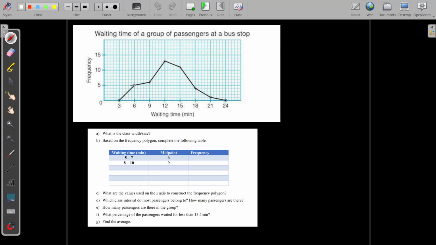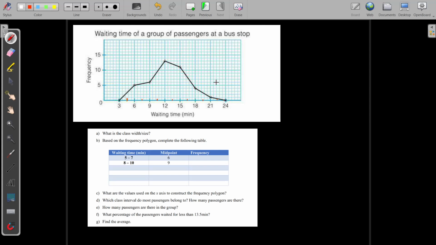So if 6 is the midpoint, then 3, 4, so 5 would be somewhere in this region.